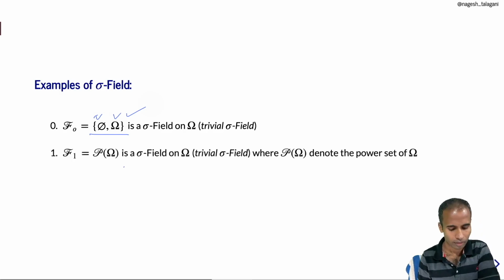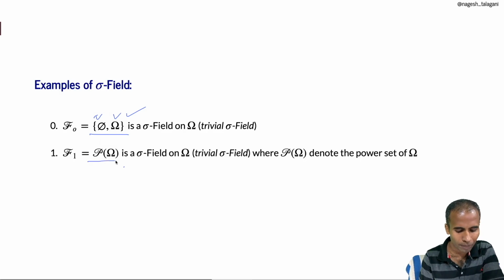Next one, script F1, I am taking every subset of omega. The power set of omega is the collection of all subsets of omega, which will again be a sigma field because there is nothing to fail. I am including every subset of omega, so we can't make any condition fail. We can easily check that conditions 1, 2, 3 are fine. So this will again be a sigma field on omega. It is also called a trivial sigma field.